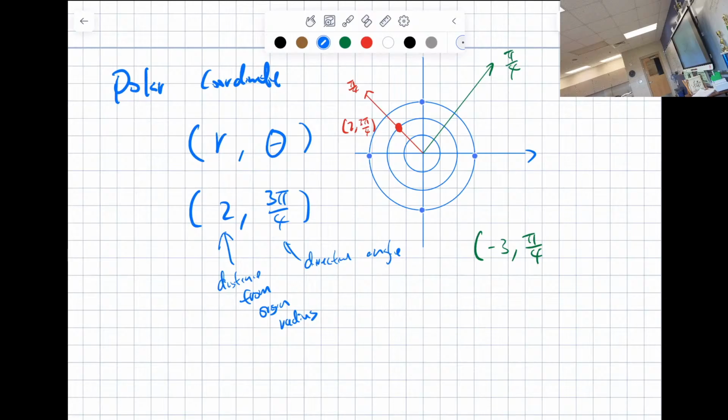Remember? Can you give me 3 coordinates that represent the exact same spot?